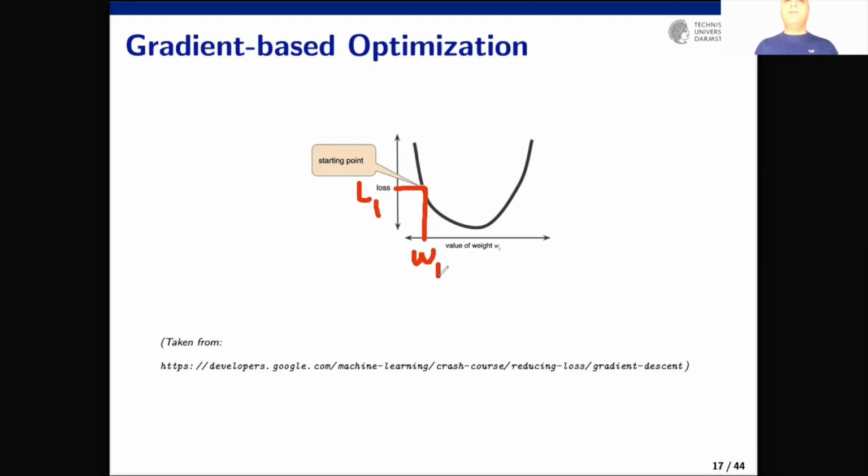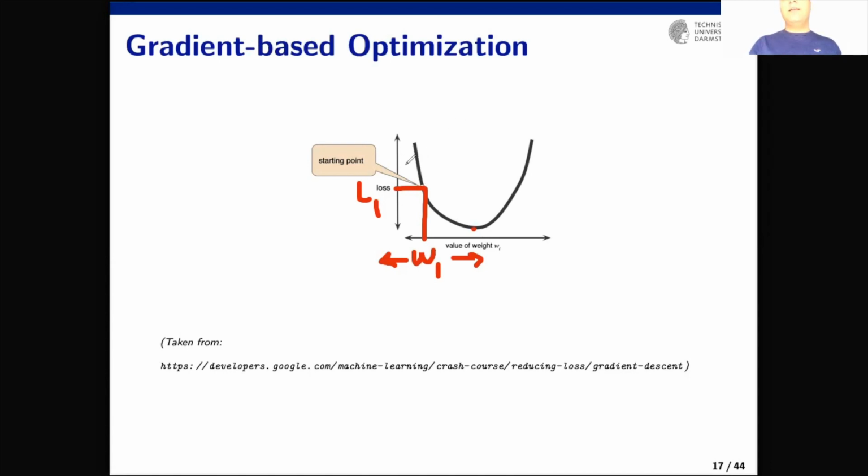So we start from this point, and we find the loss is here. Good. And now we want to know if we should go in this direction, or if we should go in this direction. Should we increase the value of parameters, or should we decrease the value of parameters? How should we decide? Our goal is to get here, right? So we should come in this direction. But how should we know in which direction?